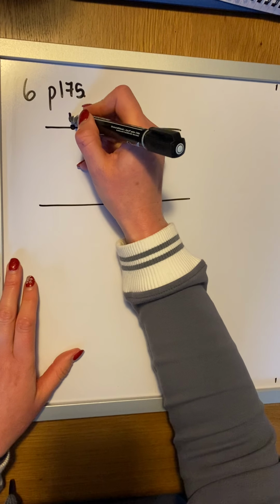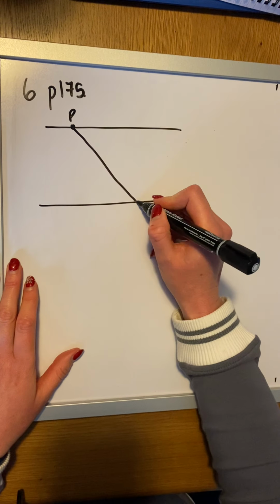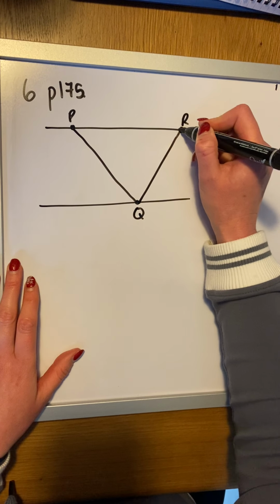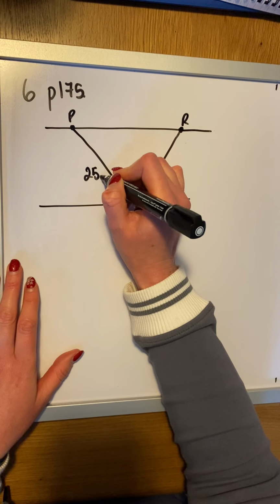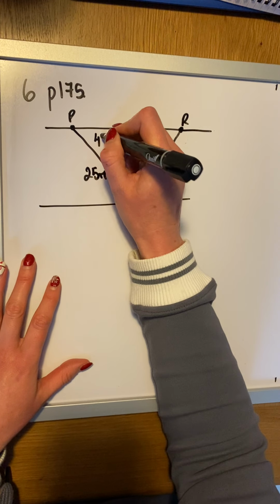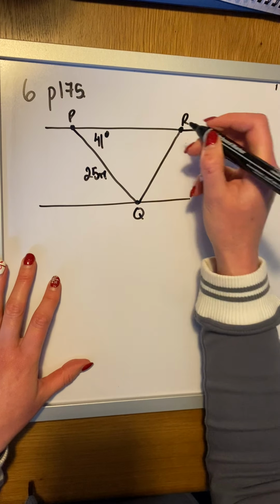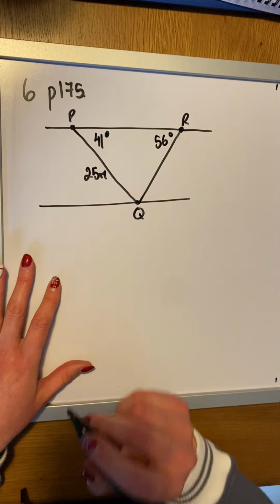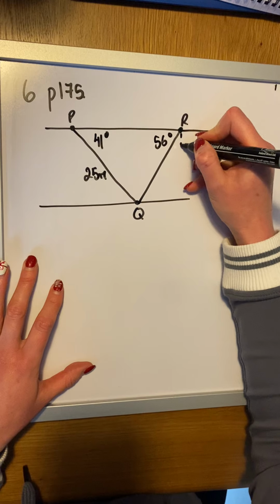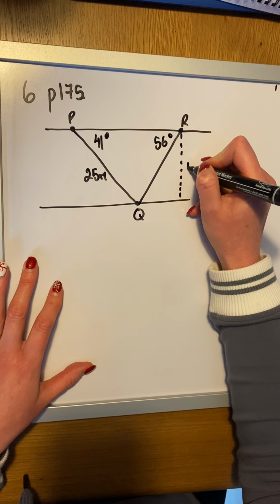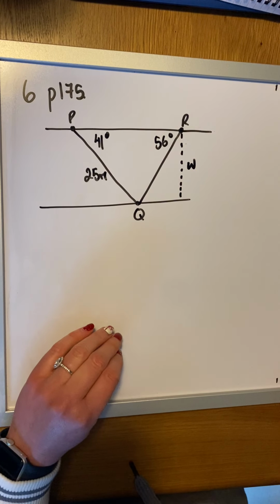So we have P, Q, and R. This is 25 meters here. This angle here is 41 degrees. This angle here is 56 degrees. And we know that the distance that she swims from P to Q is 25 meters.